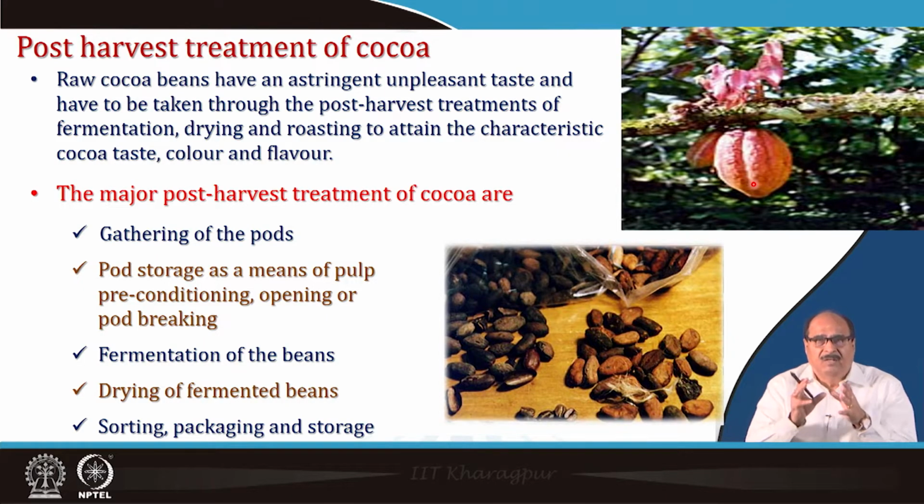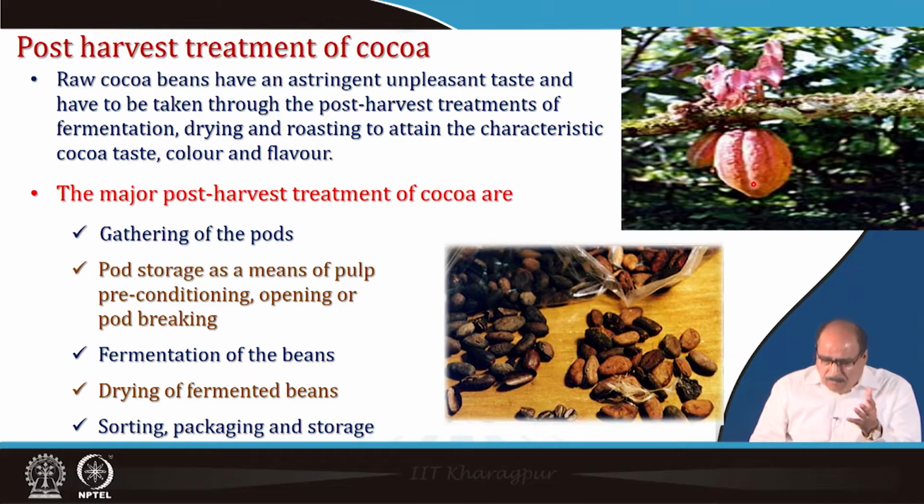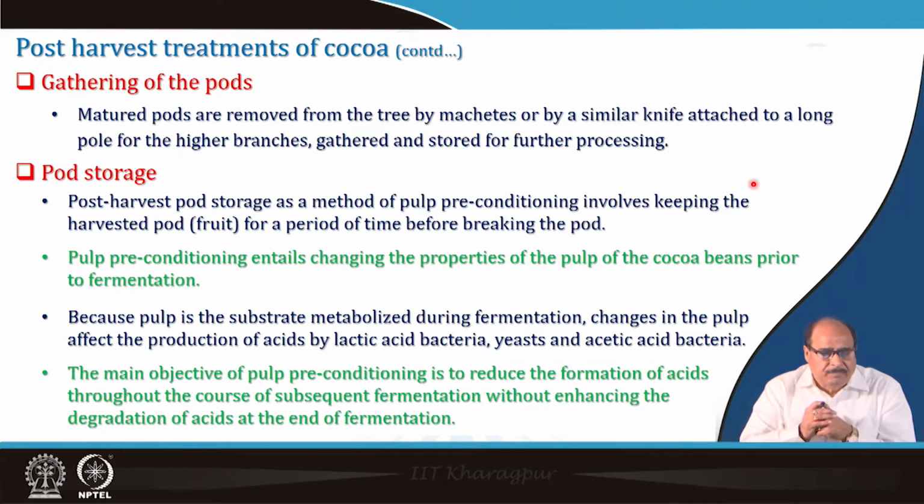So, these are the post harvest treatments for obtaining the beans from the cocoa pod. The mature pods are removed from the tree by machete or a similar knife attached to a long pole for the higher branches, gathered and stored for further processing.